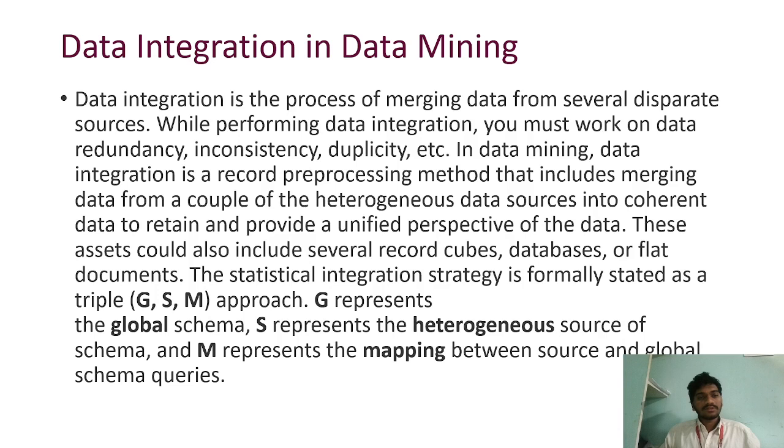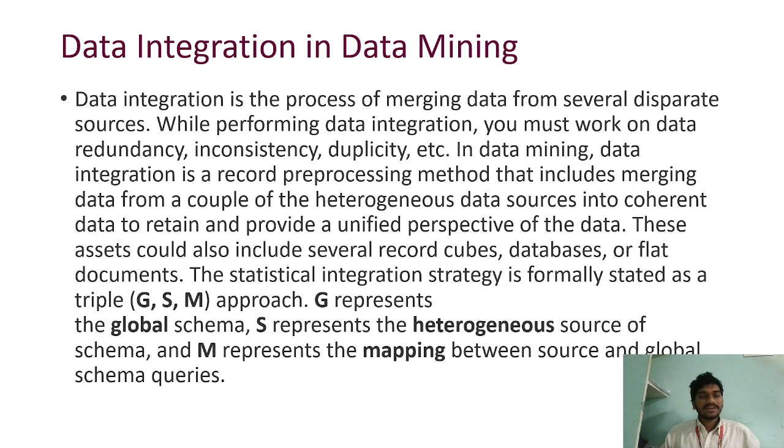These assets could also include several record cubes, databases, or flat documents. The statistical integration strategy is formally stated as a triple G, S, M approach. G represents the global schema, S represents the heterogeneous source of schema, and M represents the mapping between source and schema queries.